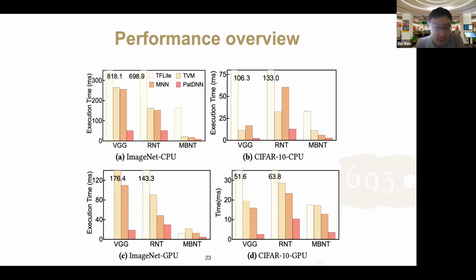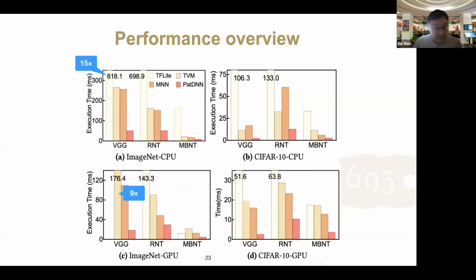If we look at the results on ImageNet, A and C, we can see on mobile CPU, we can achieve up to 15 times speedup if we compare PyDNN with TensorFlow-Lite on VGG. And on mobile GPU for the ImageNet dataset, we can achieve 9 times speedup if we compare PyDNN with TVM. So this is the result.